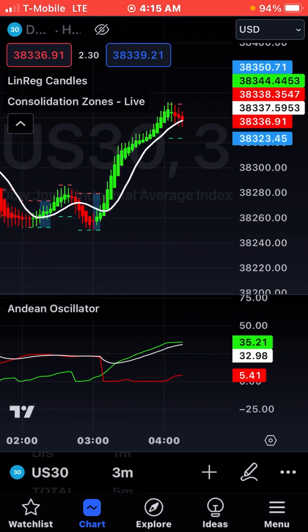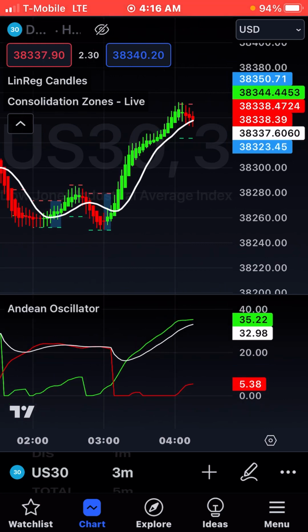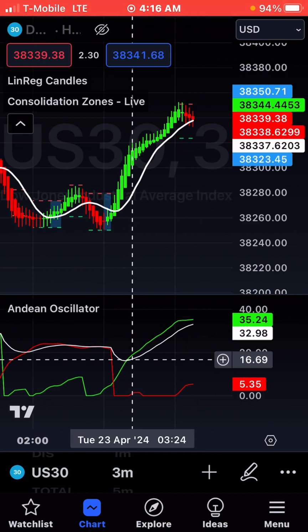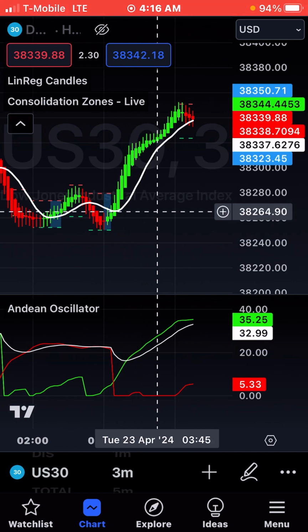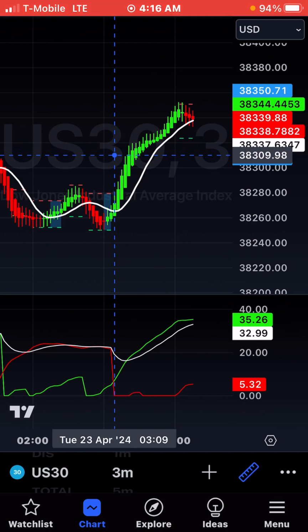So what we can tell right now is it is going down. Right now it is doing a little retracement. What we could tell is it crossed here, and now it's going up. So if you came in, now remember, the focus is you only focus when it's crossing up, not when it's crossing down.